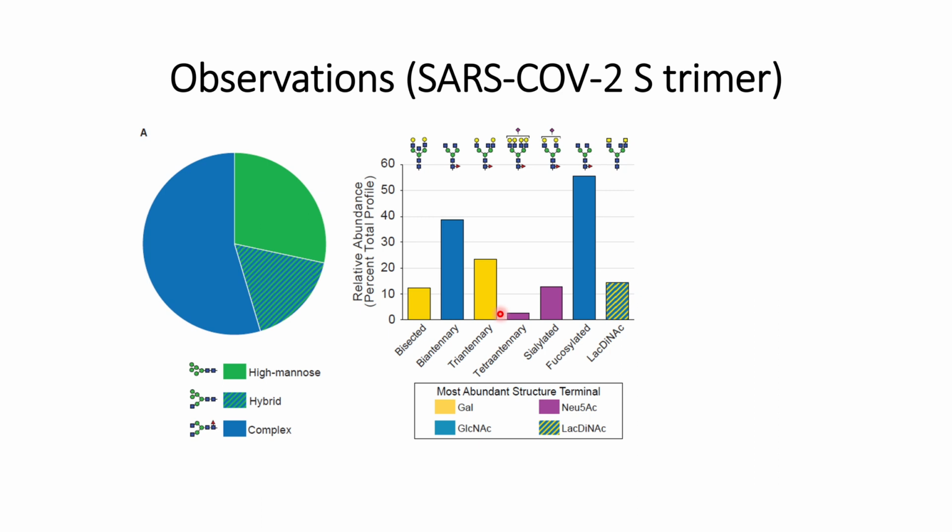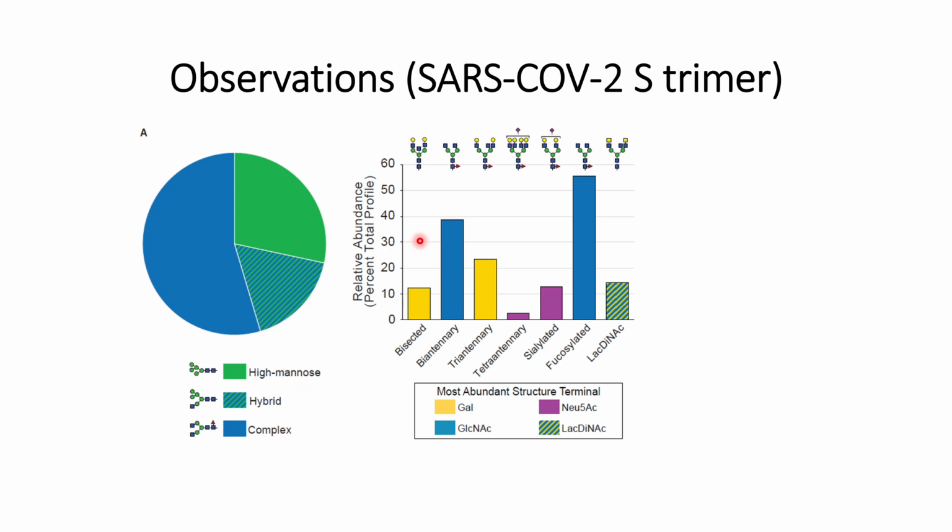This is a representation of how the data has been presented in the paper, and this is the overview. In this we can see that more than 25%, around 30%, are high-mannose glycans, around 20% are hybrid, and most of them are complex structures.